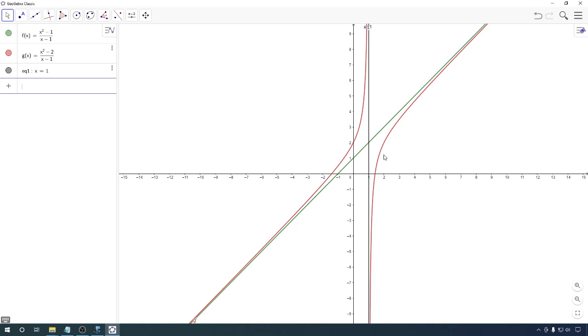Our f function looks like it just goes right through. Our g function, on the other hand, looks like it shoots off to very positive numbers when we're coming in from the left, but then it somehow jumps down here and starts coming up from below on the right.